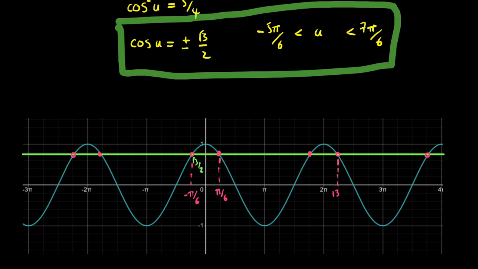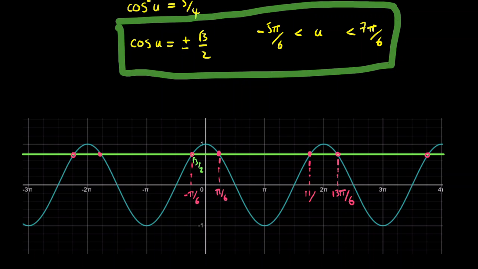That's 13 pi upon 6. Yep. And same with this one. How do I find this one? Well, that's the same thing as negative pi by 6, but I move another wave to the right. So I'm adding 2 pi. So I've got minus pi by 6 plus 2 pi, which is 11 pi upon 6.